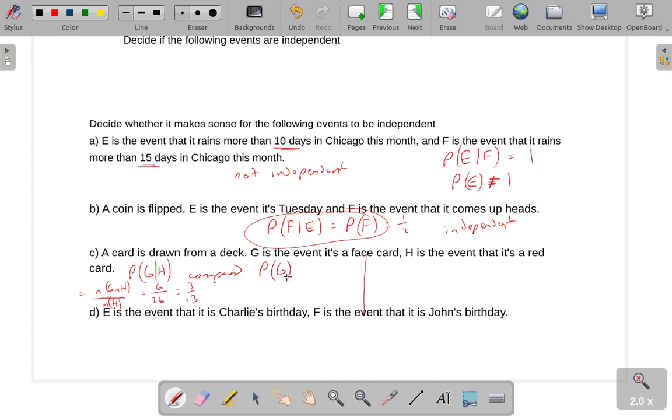The probability of G in general is just n of G over n of S. The number of face cards is 12, and the total number of cards in a deck is 52. If I divide both top and bottom by 4, I get 3 out of 13. You can see they are the same, so we would conclude that these are independent.